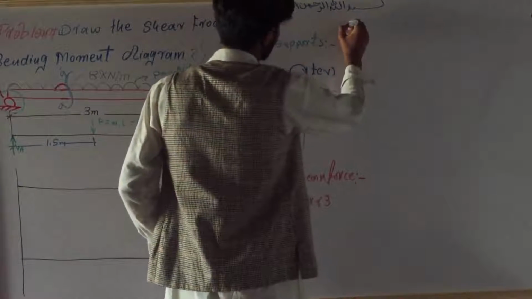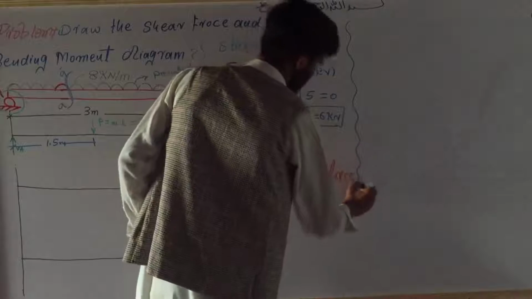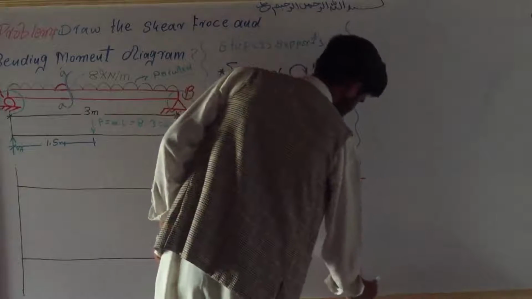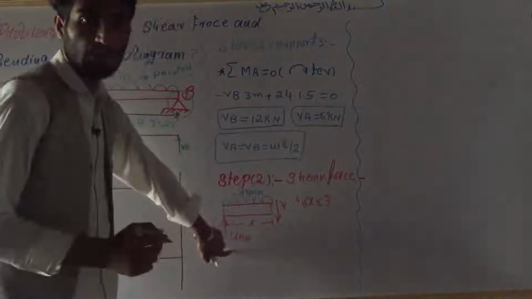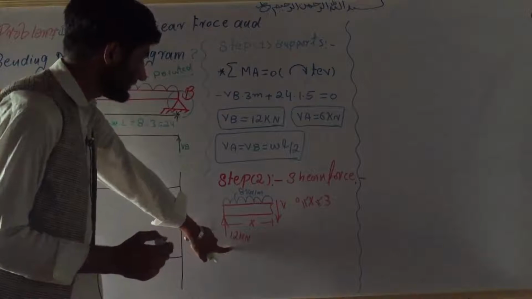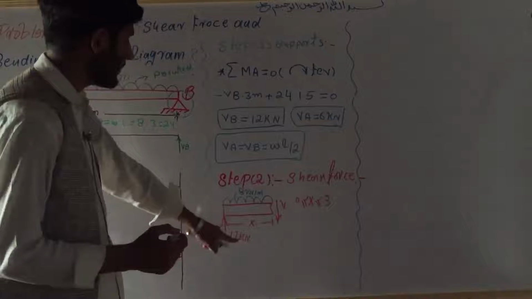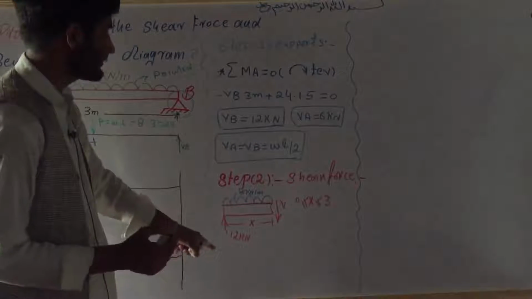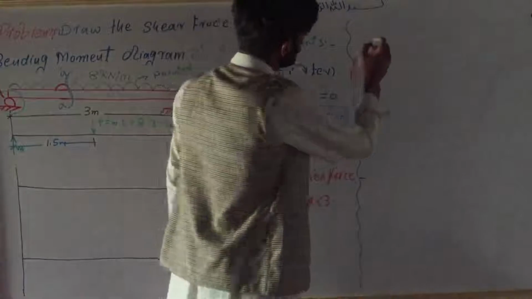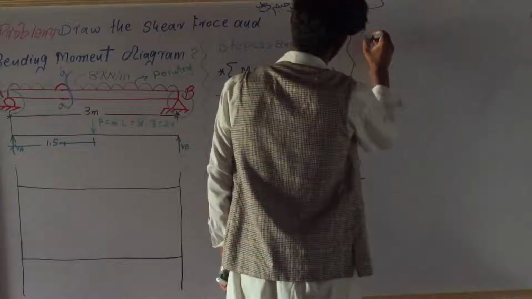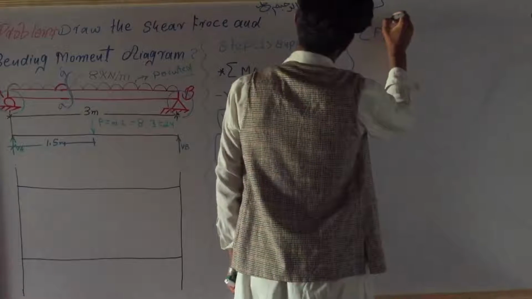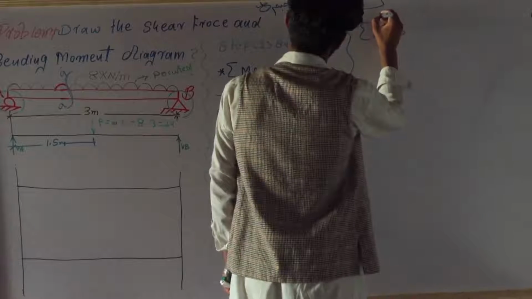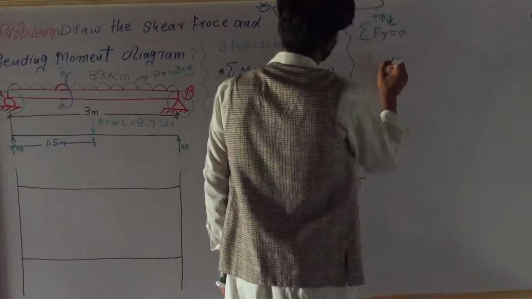So let's calculate the shear force. When we want to calculate shear force, we should sum all forces along the Y axis to 0: summation Fy equals 0. Up is positive and down is negative.